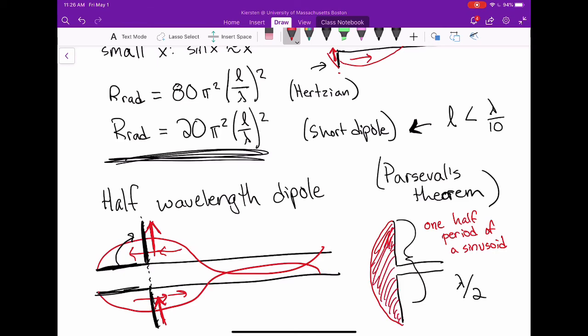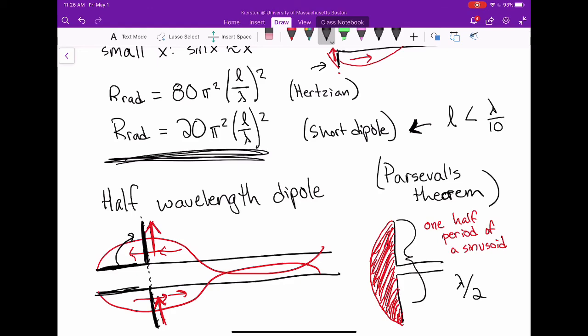Why does this happen the way it does? Because of standing waves. Because current and voltage are also waves, just like the electric and magnetic fields are, and they also prefer sinusoidal shapes. So when you make a standing wave, you're going to get a sinusoid as long as your excitation is itself time harmonic.